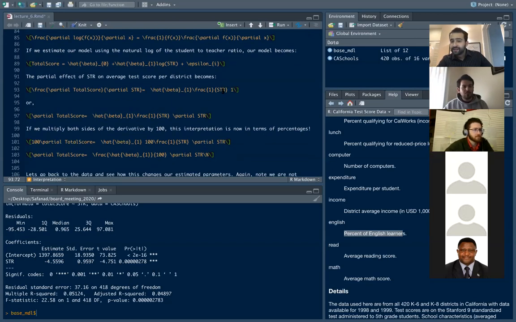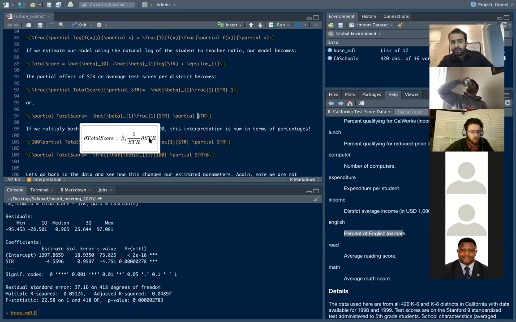Now, if we did that same trick we did before of multiplying the change over to the other side, we end up with this. The change in the total score is essentially the percent change in the student-to-teacher ratio multiplied by beta 1. This here, the change divided by the STR, or the change divided by the original value, is really going to be like 0.01, right?